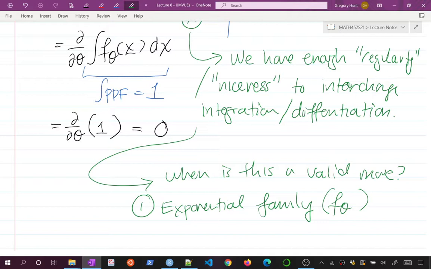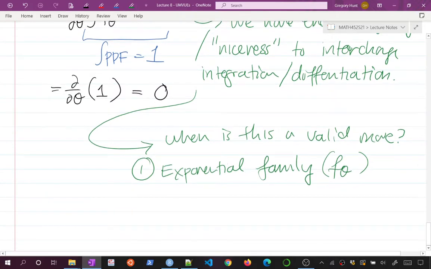And some of the subsequent theorems we're going to prove today also rely on this fact that we can interchange differentiation and integration, which is always acceptable for exponential families.